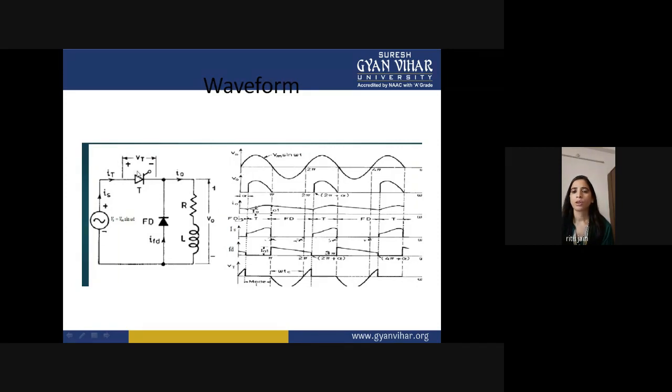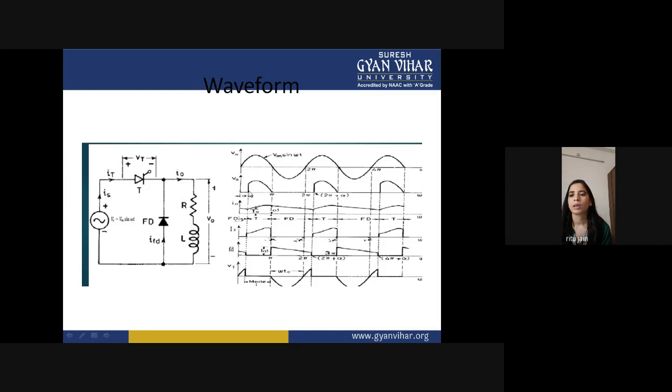Unless you apply the gate pulse over here, the thyristor will not turn on. So at the delay angle of alpha, we are applying the gate pulse to the gate terminal of the SCR. After this angle alpha, when you apply the gate pulse, the SCR gets turned on.